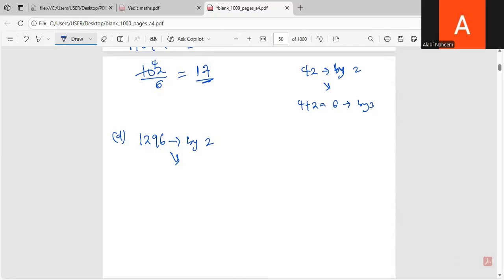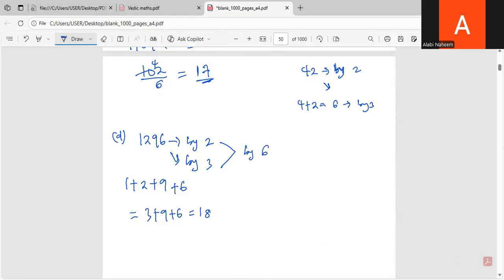So let's sum its digits. 1 plus 2 plus 9 plus 6. Add up: 3 plus 9 plus 6. That's 18. Is 18 divisible by 3? Yes, it is. So 1296 is divisible by 2 and also by 3. So we can conclude that it is divisible by 6.